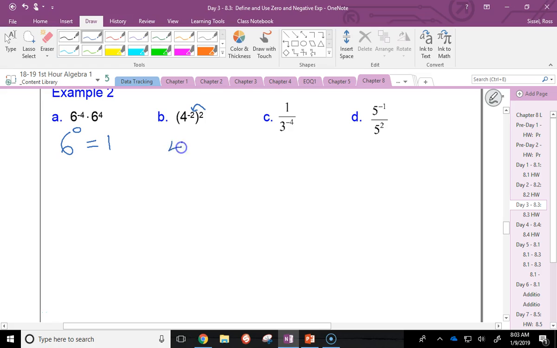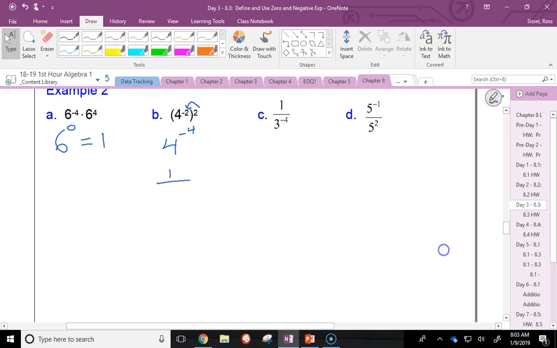This should have been 4 to the negative 4th power, which means it would have become, whoops, I didn't do the fraction. You had to do the reciprocal, so it would have been 1 over 4 to the 4th power. And you could leave it like that, or you could find it. It would have been 16 times 16, which is 256. So you could say 1 over 256. Either one of those would have been okay.